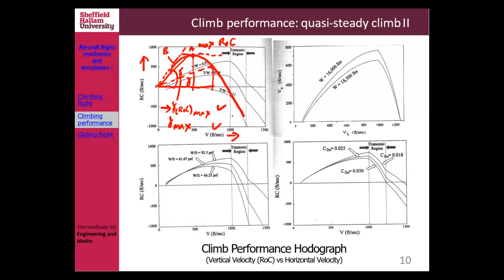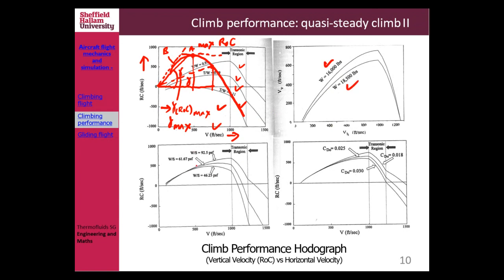Now, why I want to show you this graph is basically back to the original statement. I said that the hodograph actually changes if your thrust to weight ratio changes. You see there is a different hodograph for different values of thrust to weight ratio. This hodograph also changes with the change of your aircraft weight.